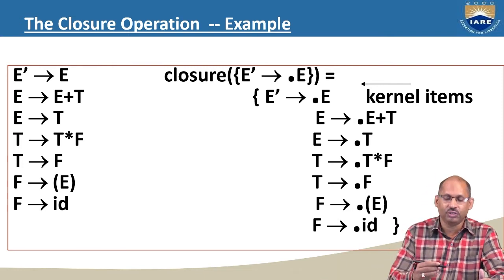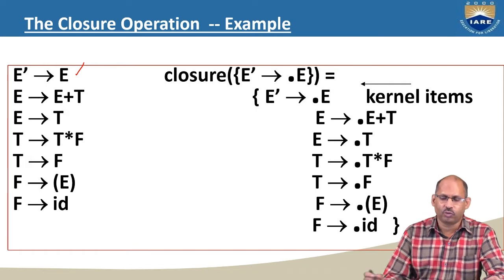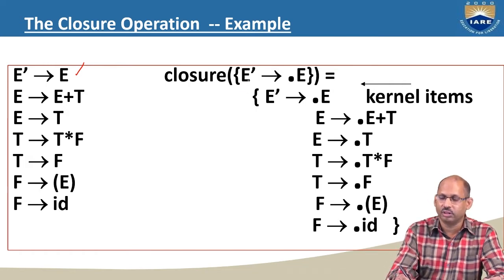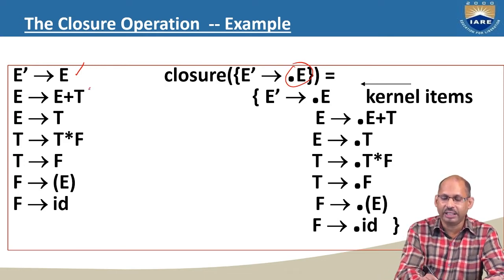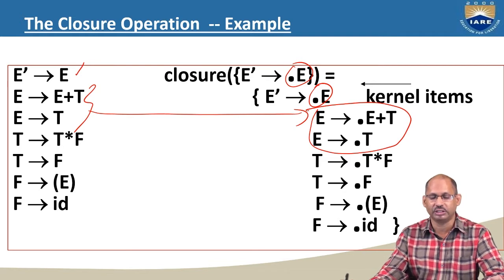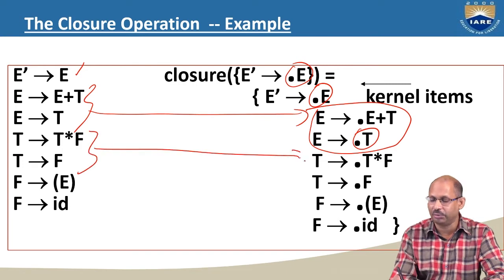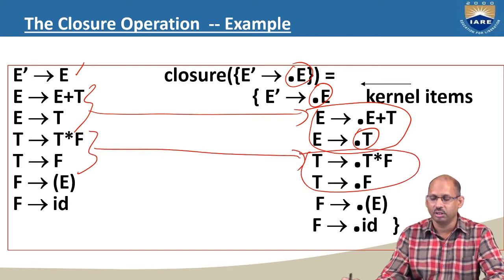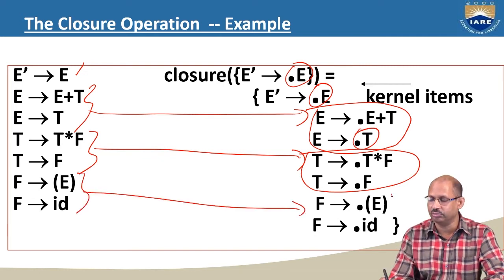We added our new production here, E' gives E. Then closure of E' is dot E. Since the dot is followed by E, add the E productions here. Then dot T, so add the T productions here. Dot F, so add the F productions here.